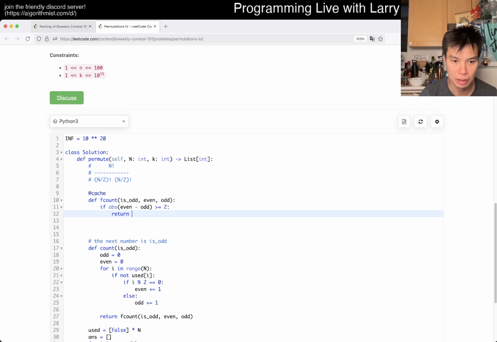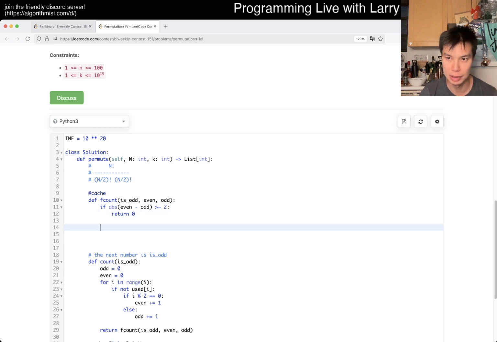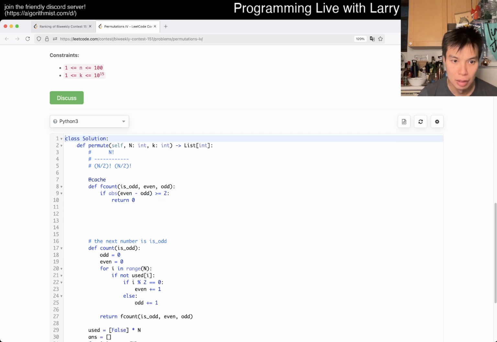Now it should return 0 because there's no possibility, right? Okay, that makes more sense actually. And then the next number is going to be odd. All right, so it's just return odd.